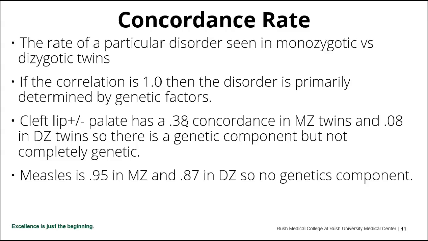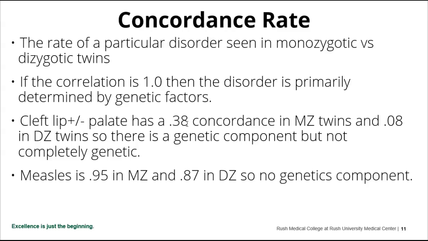But it's less than 10% in dizygotic. But cleft lip and palate is far less common than that. So it's more common for dizygotic twins to be concordant for cleft lip and palate than the general population, and 4 times more common with monozygotic twins. So there's some kind of genetic component, but it's certainly a lot more complicated than that.